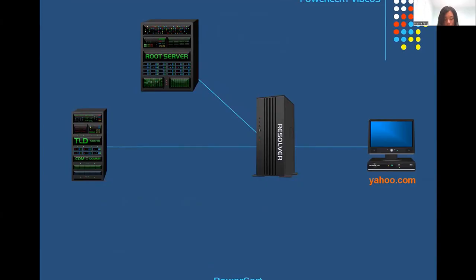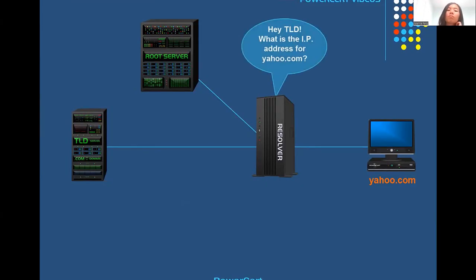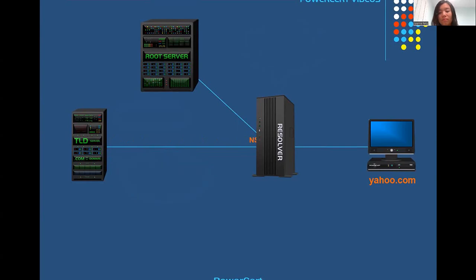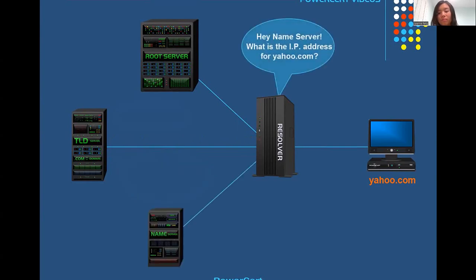So when the TLD server receives a query for the IP address for yahoo.com, the TLD server is not going to know what the IP address is for yahoo.com. So the TLD will direct the resolver to the next and final level, which are the authoritative name servers. Once again, the resolver will now ask the authoritative name server for the IP address for yahoo.com.